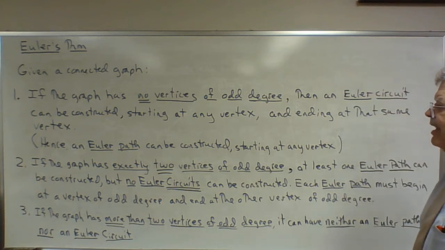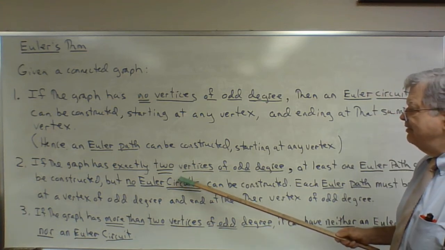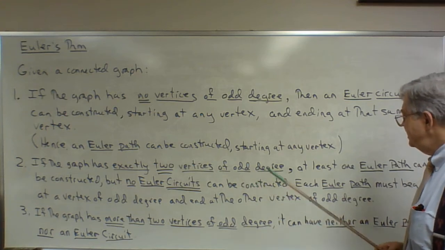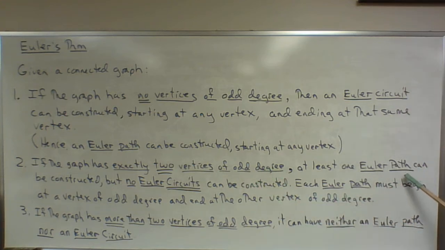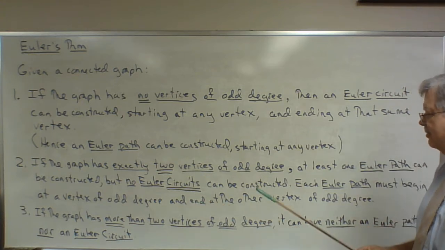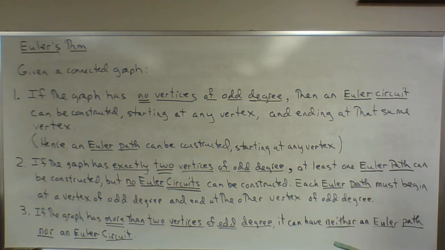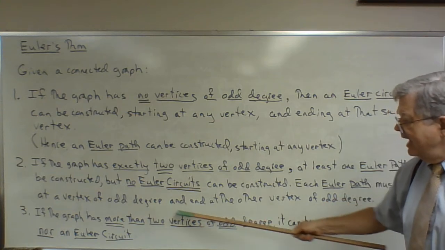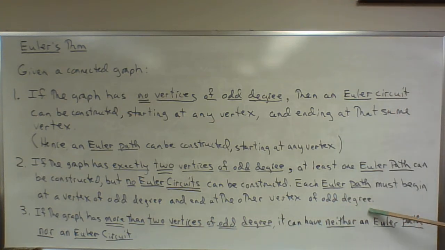Next, if a graph has exactly two vertices of odd degree, at least one Euler path can be constructed, but no Euler circuits can be constructed. And each Euler path must begin at a vertex of odd degree and end at the other vertex of odd degree.